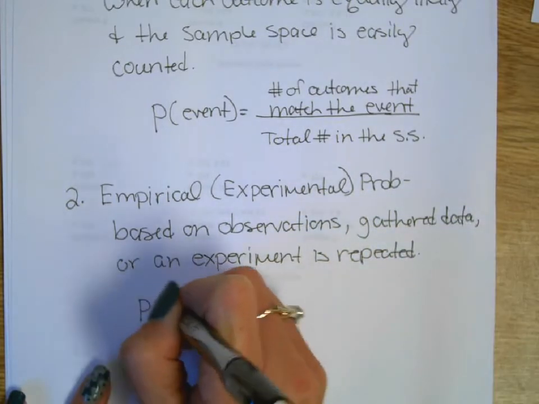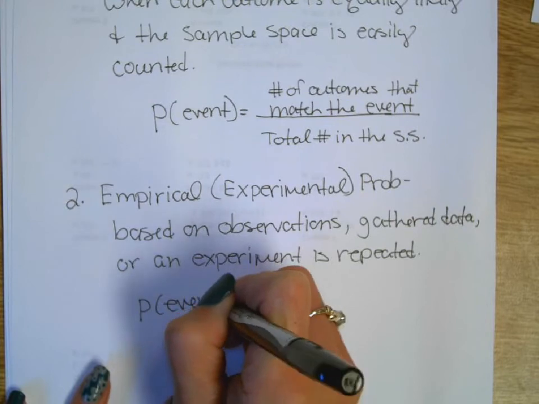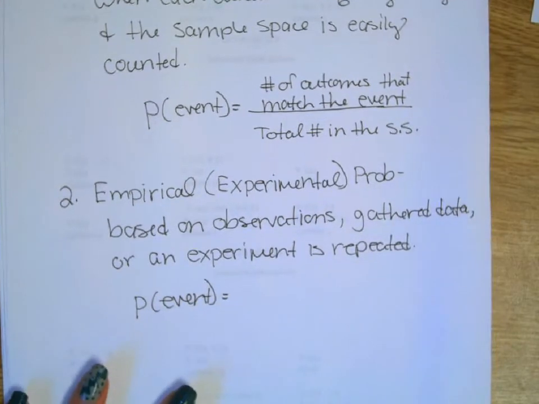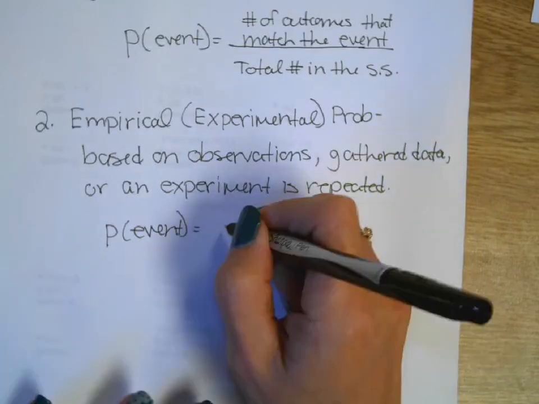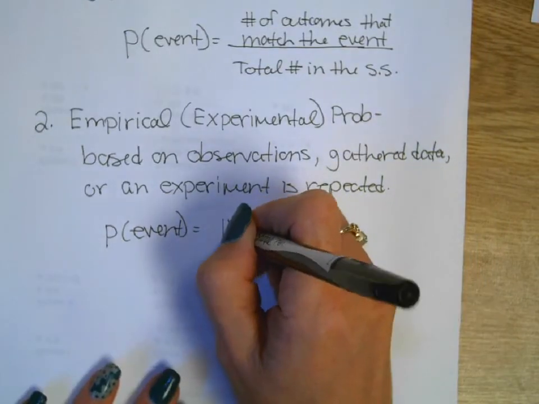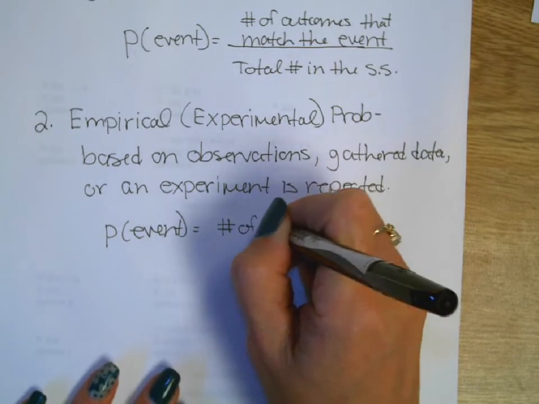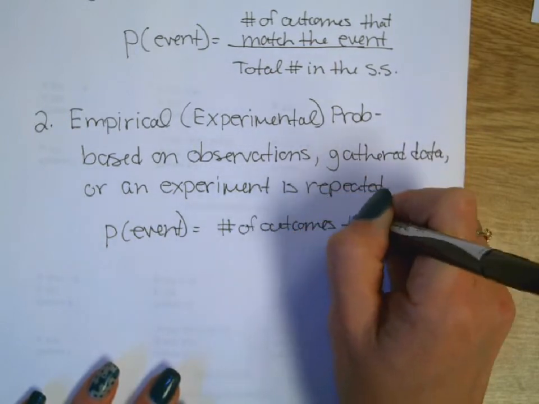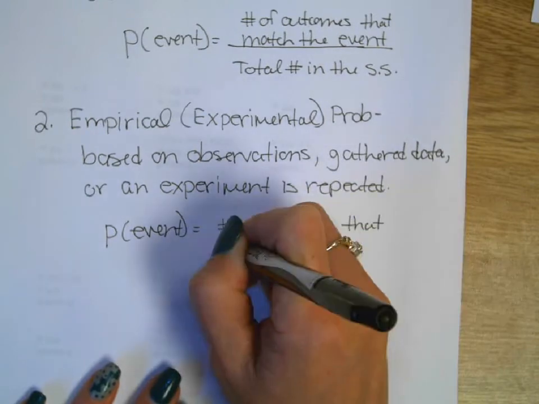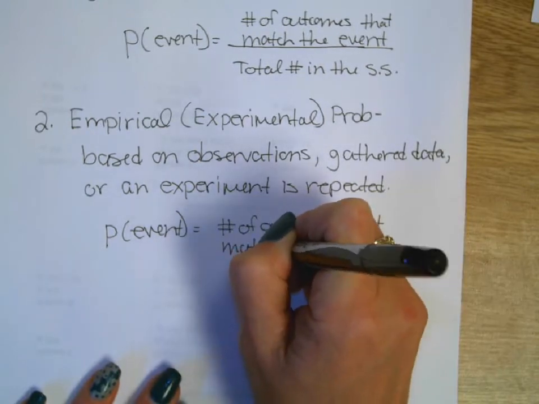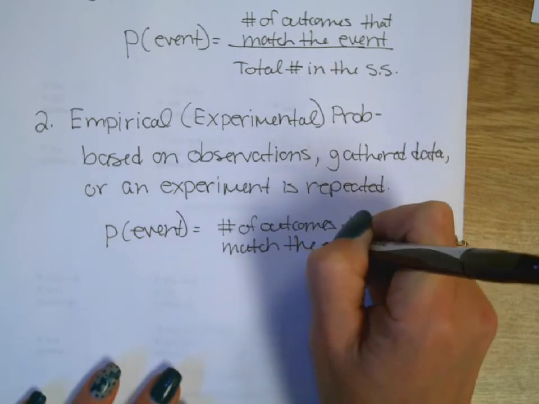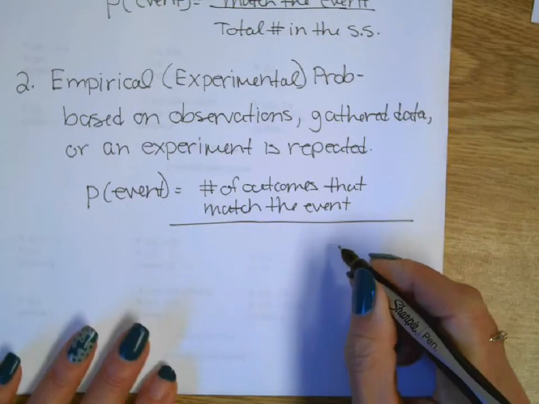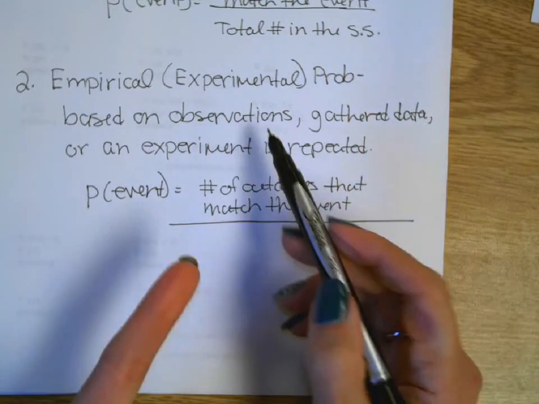So the probability of an event here, the top number, again, is the number of outcomes that match the event, divided by, and your bottom number is, well, how many people did they talk to?